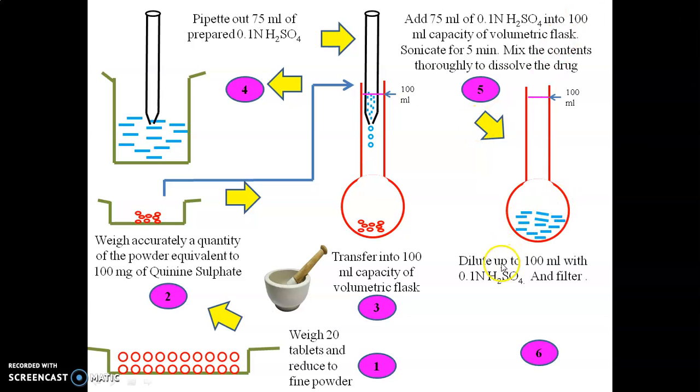Then dilute up to 100 ml with the same solvent, that is 0.1 normal H2SO4 solution, and filter. Label that volumetric flask as tablet stock solution. Then mix well and filter again with Whatman filter paper.